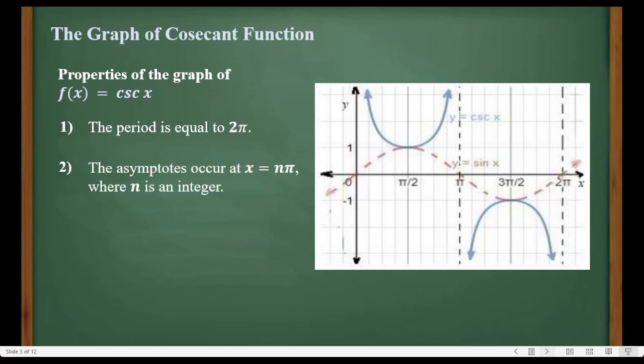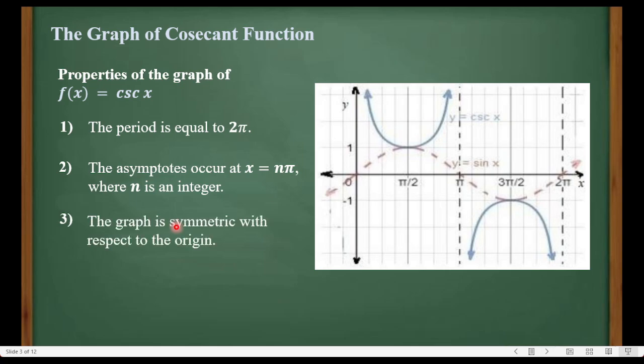The asymptotes occur at some coordinates along the x-axis, and these coordinates can be determined by this formula: x is equal to n pi, where n is an integer.